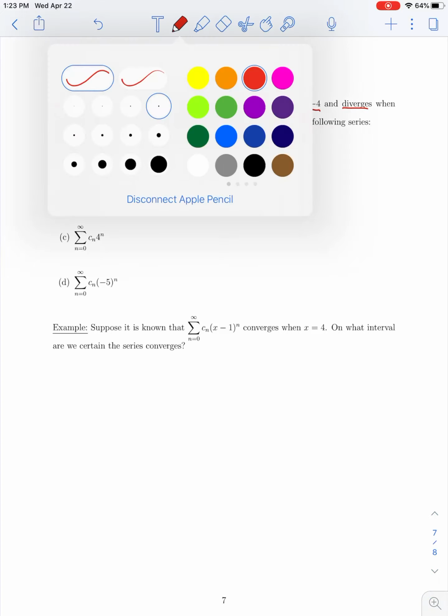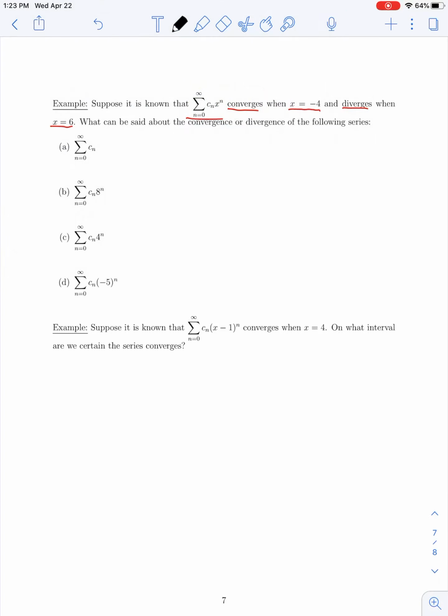So in this example, we are looking at a power series whose coefficients c sub n are unknown. Here we don't know what exactly c sub n is, but then we have x to the n, which we can think of as x minus 0 to the nth. So here this power series is centered at 0.